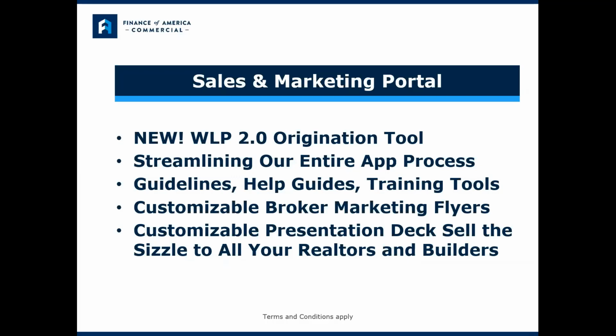We have an awesome platform to give out decks where you can actually put your own logo or put your name in. You can edit them. We have flyers that give out all the information. We even have product matrices so that you guys can digest what we talked about today, and also you can put your name on. So we have the awesome WLP 2.0 origination tool, which will allow you to put deals in and run quotes through our calculator.